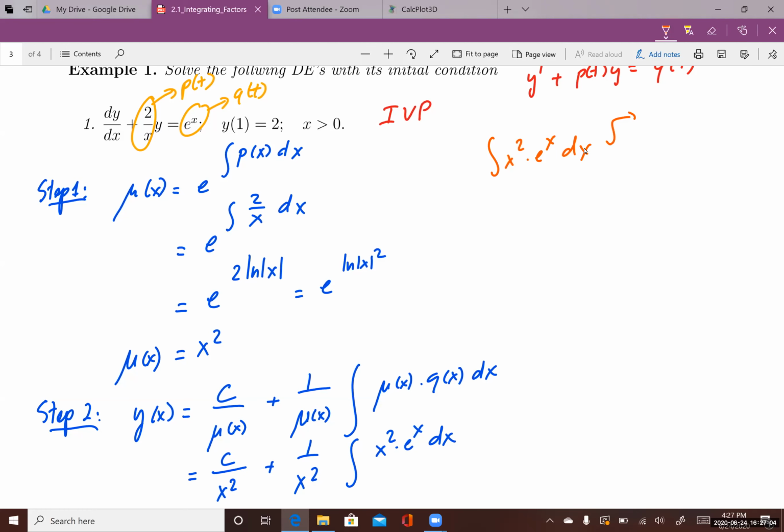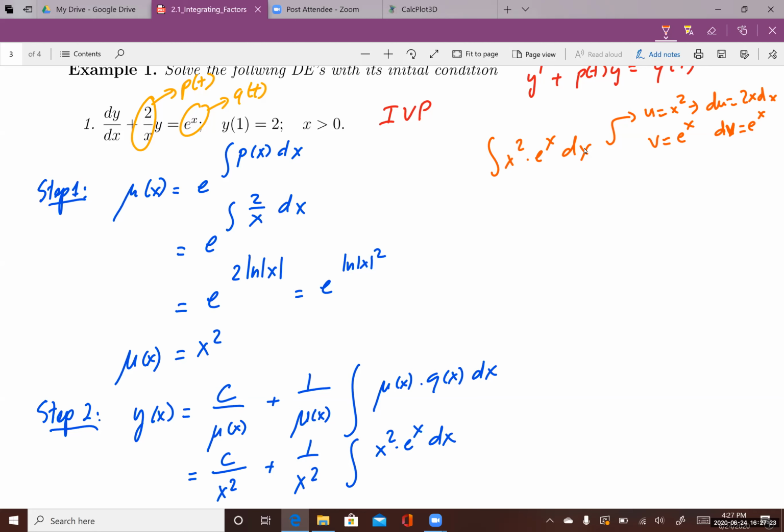Let u equal x squared, so du equals 2x dx, and dv equals e to the x dx, then v equals e to the x.